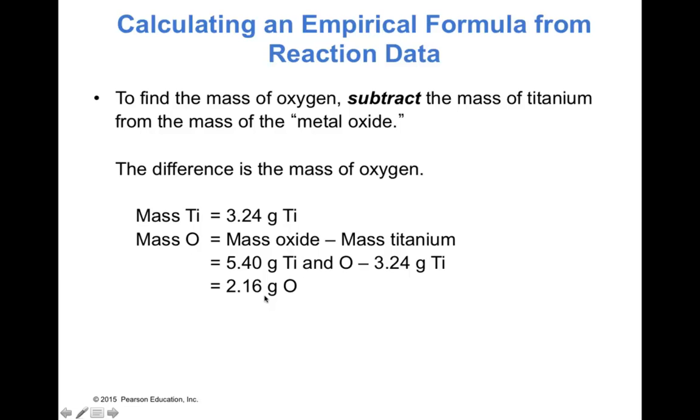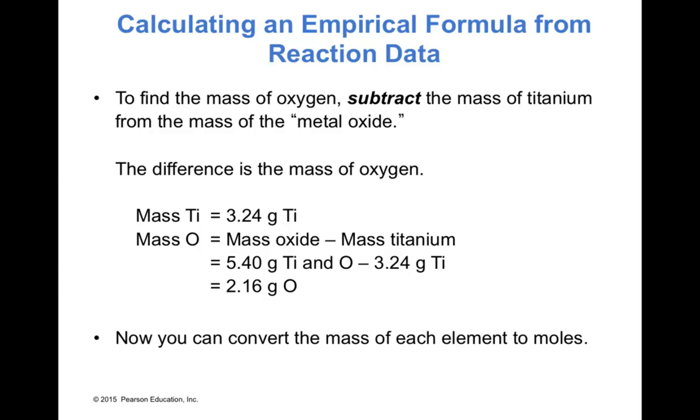So now that we have the mass of oxygen, what do we need to do? Eventually we need to convert that mass to moles and then divide by the smallest number. Once we create the pseudo empirical formula, we divide by the smallest, and then we can have the empirical formula.